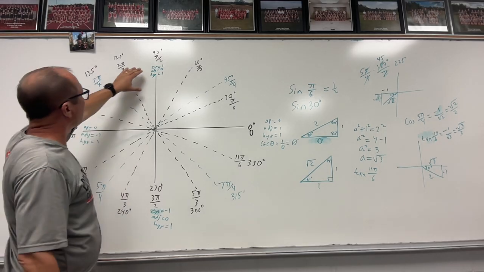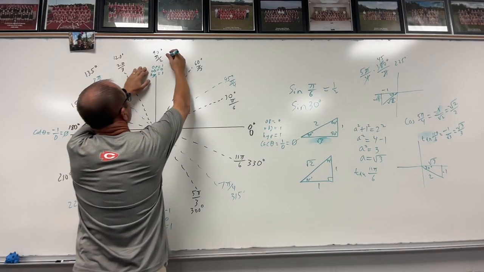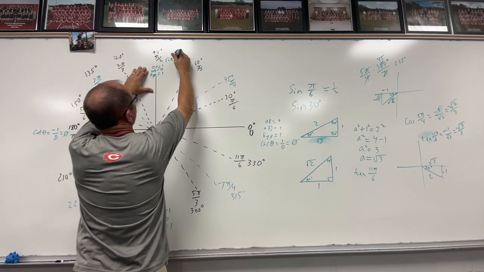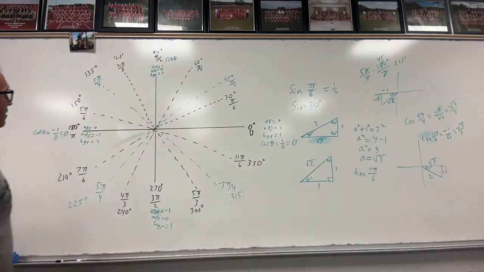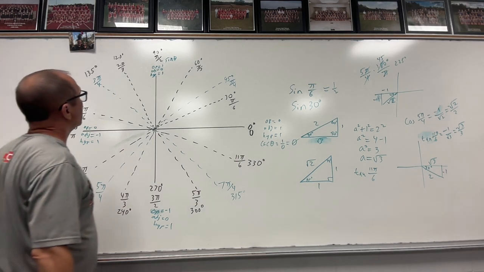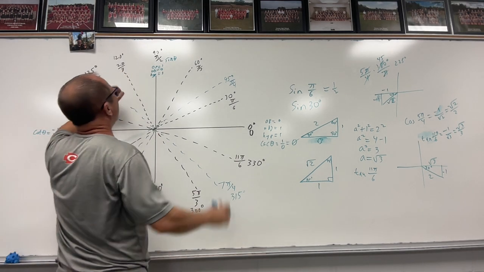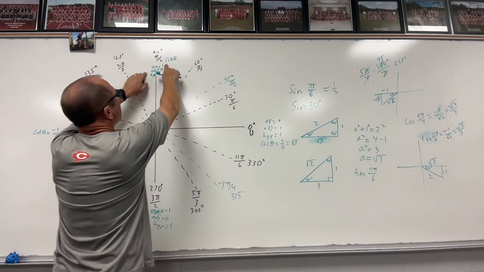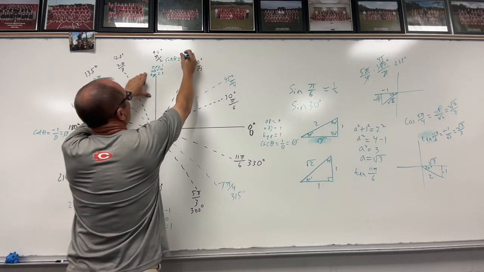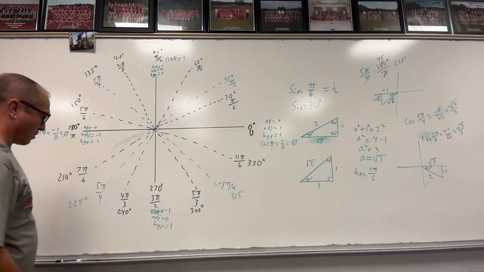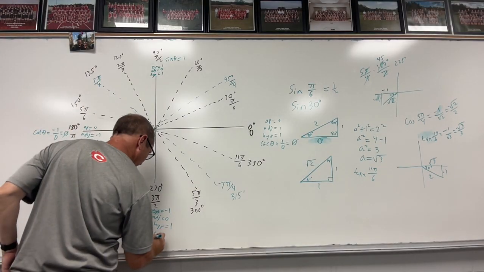Let me try to pick one that's not undefined here. They're not all undefined. Let's just talk about sine of theta. You're talking about opposite over hypotenuse, which is 1 over 1, which is 1. And let's talk about your cosine here.